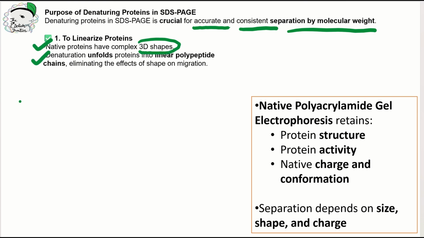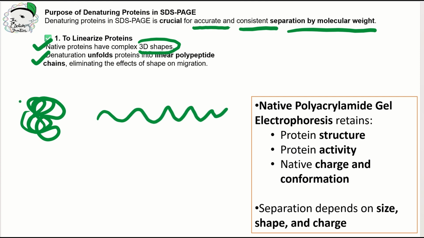The second thing is that denaturation unfolds the proteins. Suppose this is the folded state of the protein, but we want to unfold it to study each and every detail of this protein. If we want to study the inner, intrinsic nature of the protein, we are supposed to unfold it into a linear polypeptide.